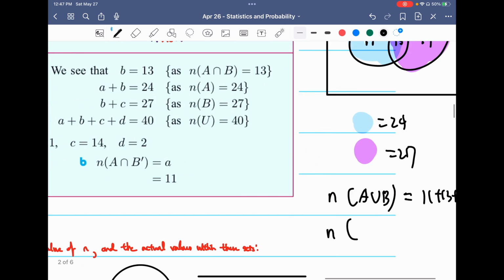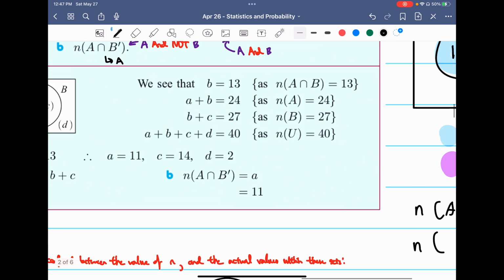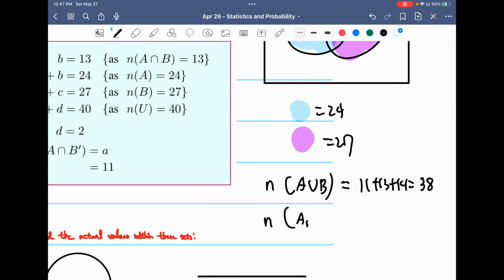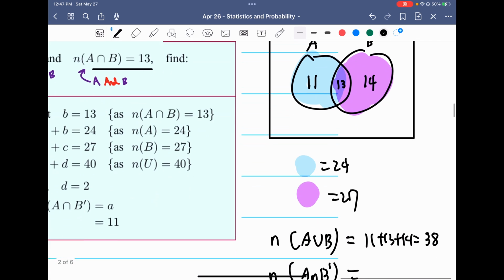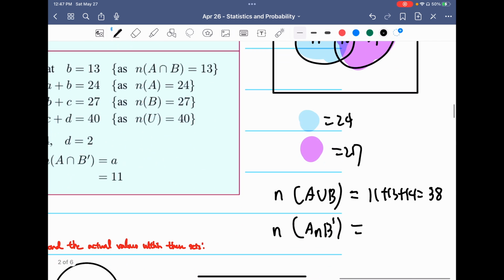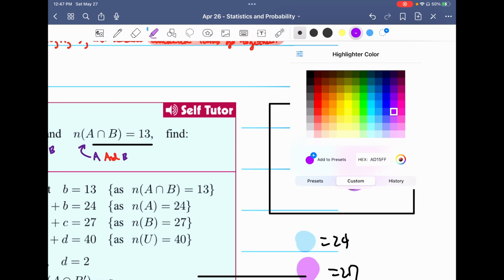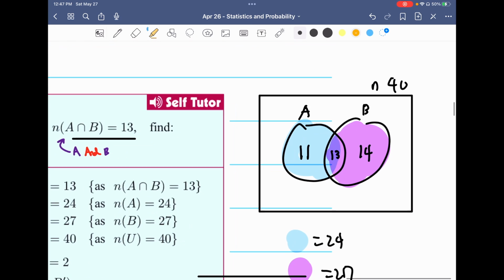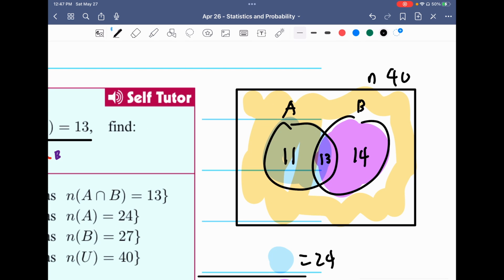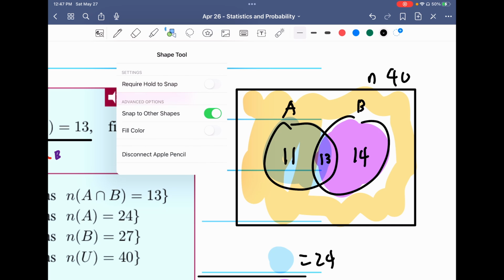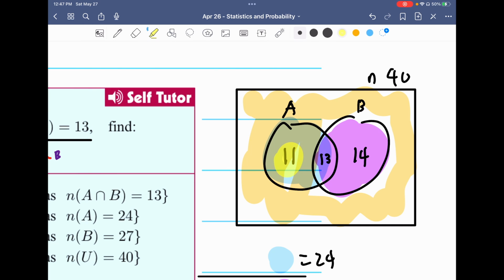And n(A ∩ B'): the intersection means "and", and B' means we have to take every side besides B. So every part here that overlaps with A, which means it's going to be this area here.